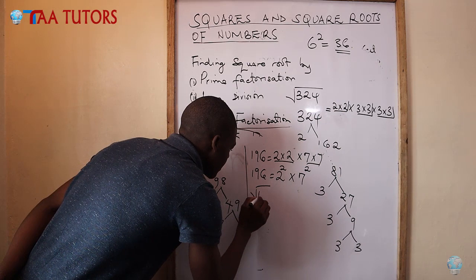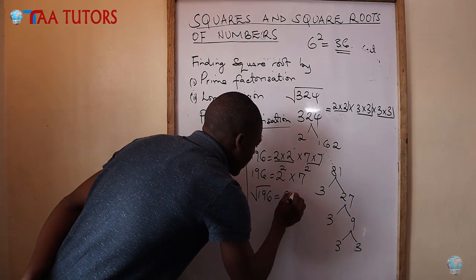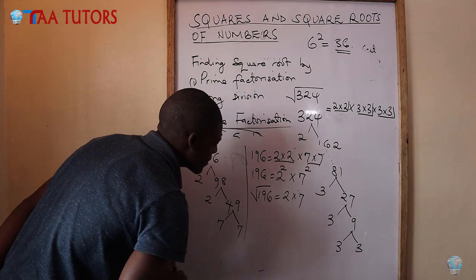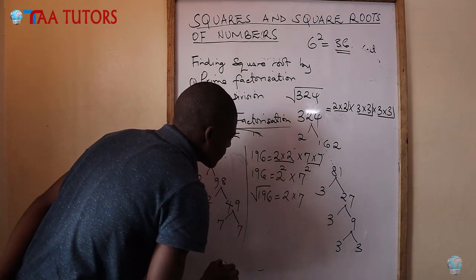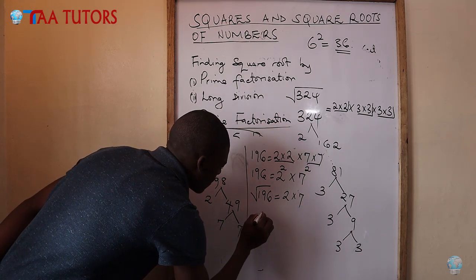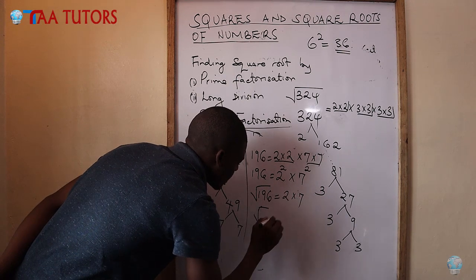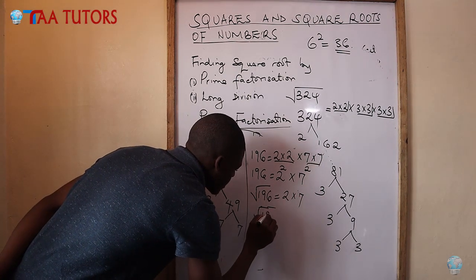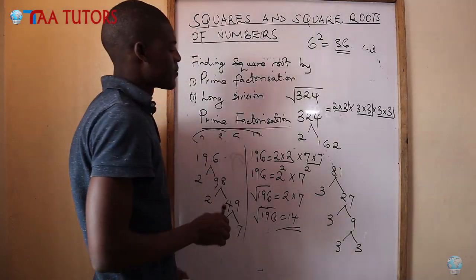The root of 196 will be 2 times 7. The root, as I've said, is removing the square. Now, the root of 196, when you multiply 2 by 7, you get 14. So the square root of 196 is 14. Thank you.